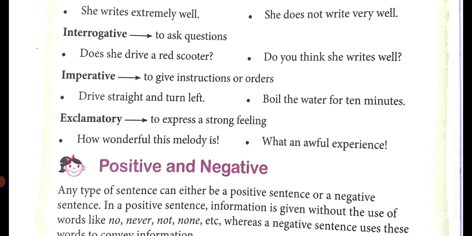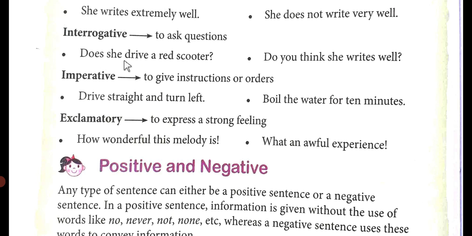An interrogative sentence asks a question and is formed by putting the auxiliary verb before the noun or by beginning the sentence with a WH word and ending it with a question mark.